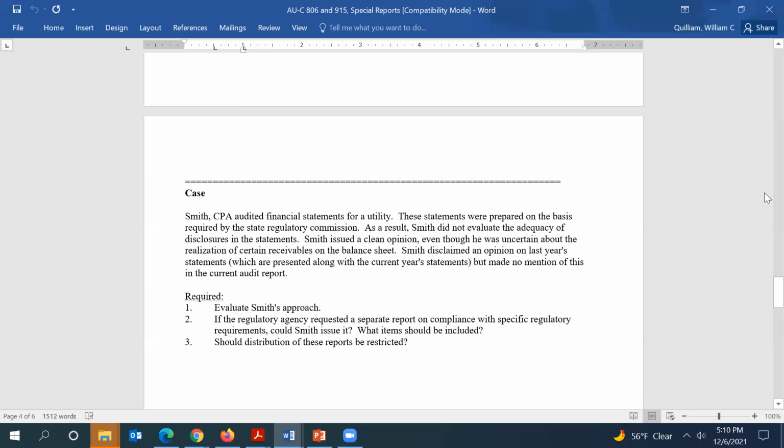So here in this little case, Smith CPA audited financial statements for a utility. These statements were prepared on the basis required by the State Regulatory Commission. So not just GAAP, but the State Regulatory Commission, since this is a regulated industry, may want certain numbers which are not GAAP.